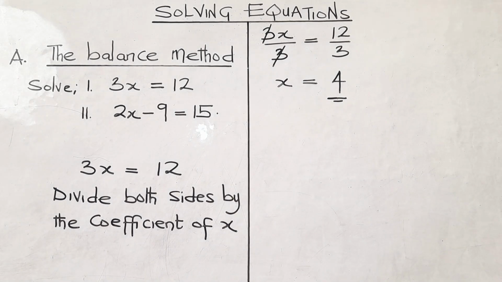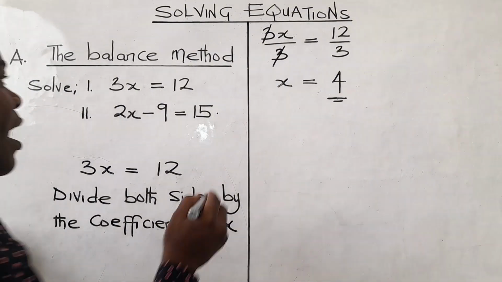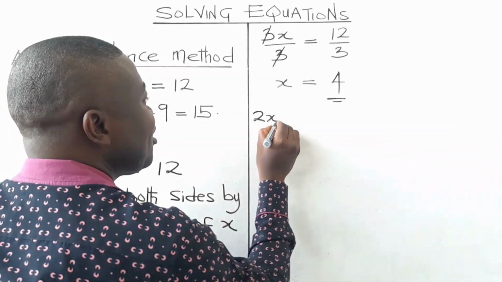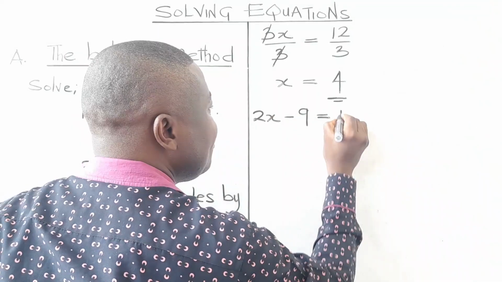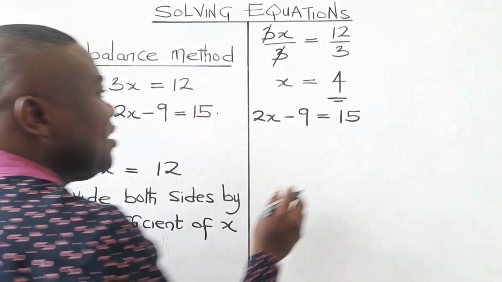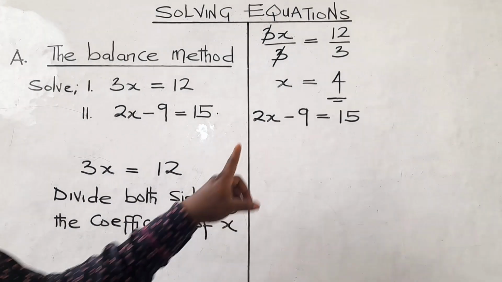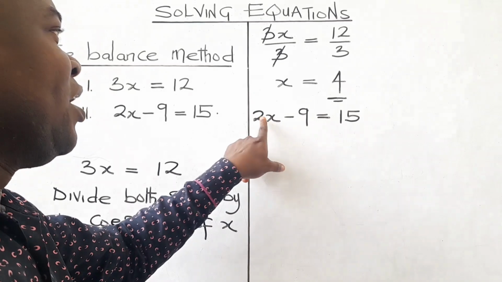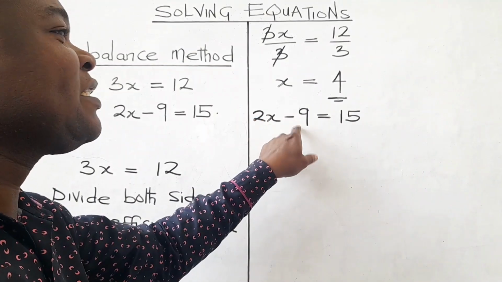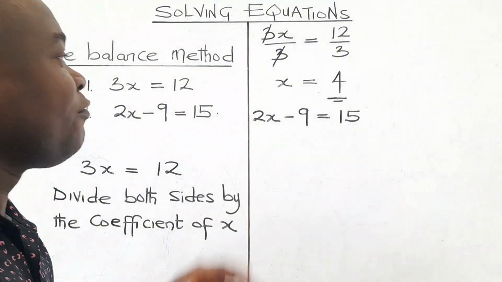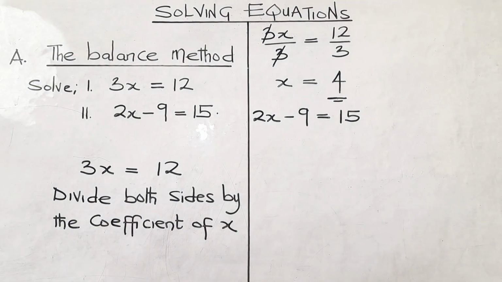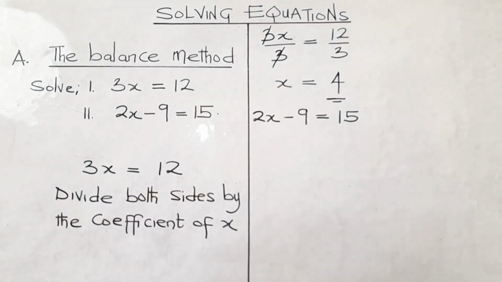Let's see the second question. You have 2x minus 9 equal to 15. Now, when you have this, you have the coefficient, and you have a constant. A constant term means the value there is void of x, or x there is raised to power 0.